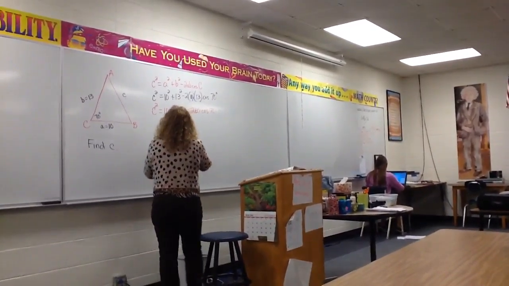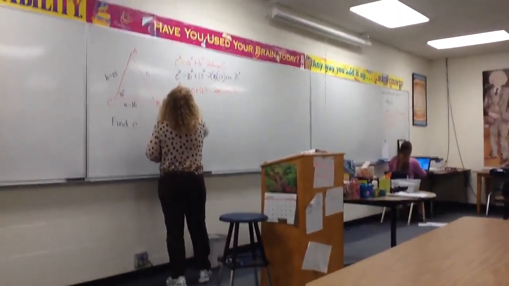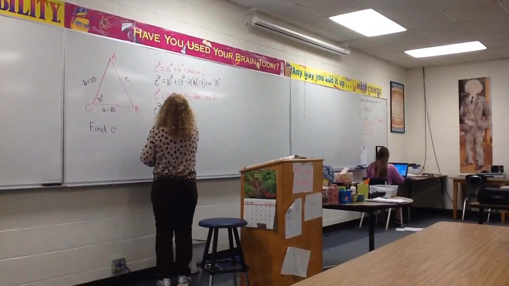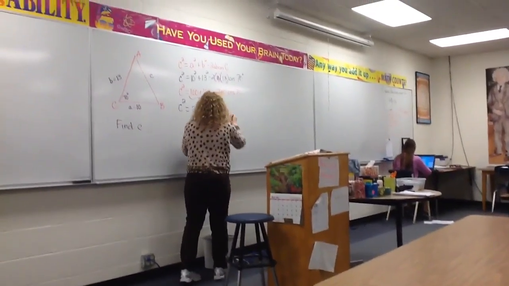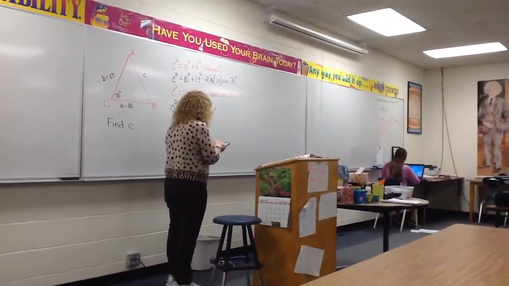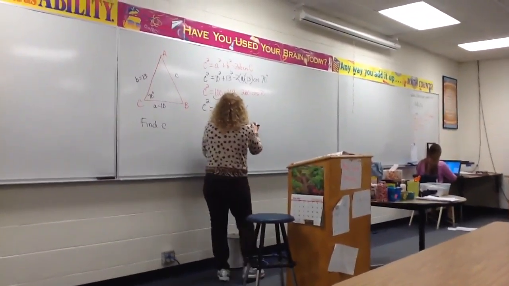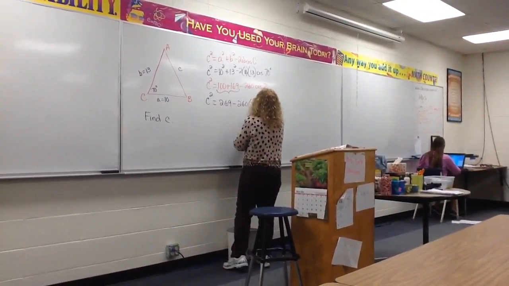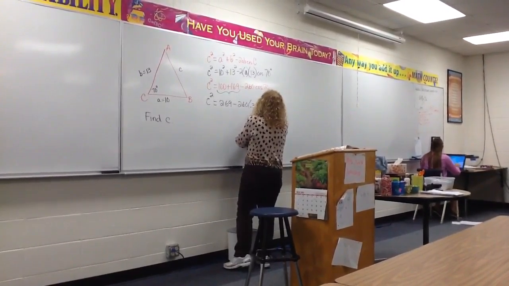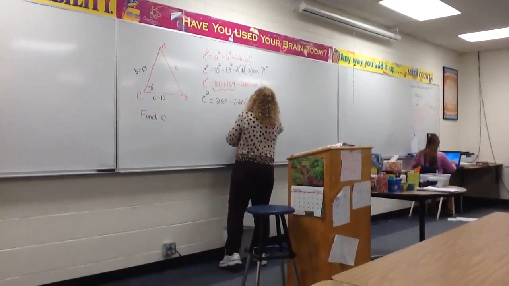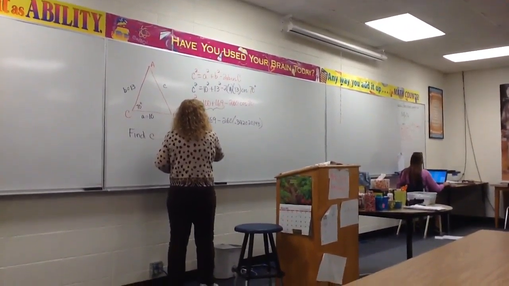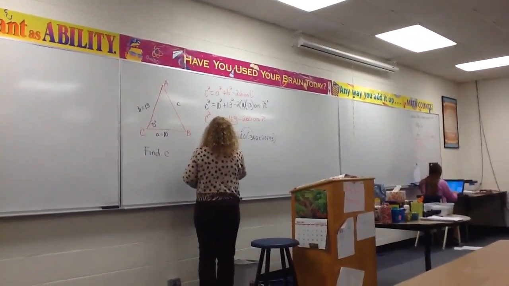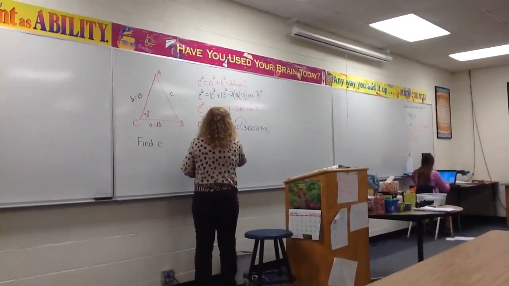So I have c squared equals, can I add that up right now? Minus 260 times cosine of 70 is, do you get 0.3420? What will I do next? Multiply. Right, I'm going to multiply those two. Actually, wouldn't it just be easier subtracting first?